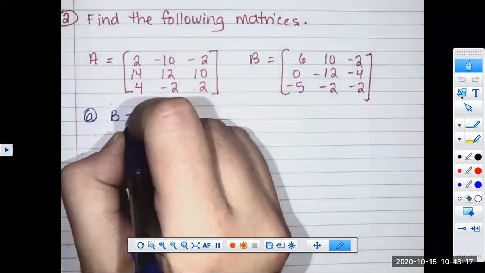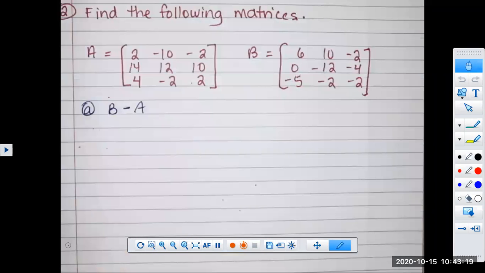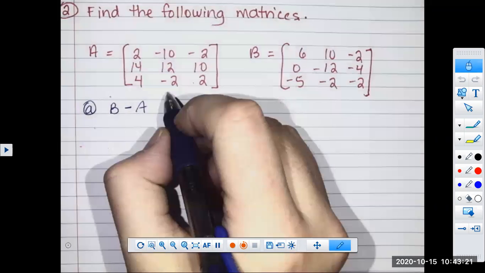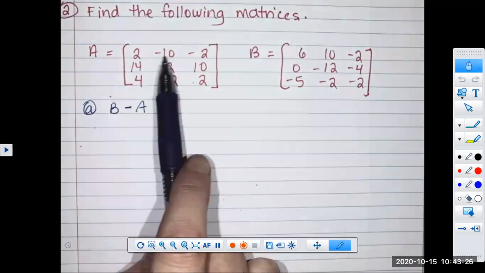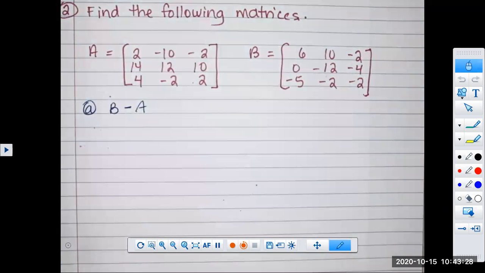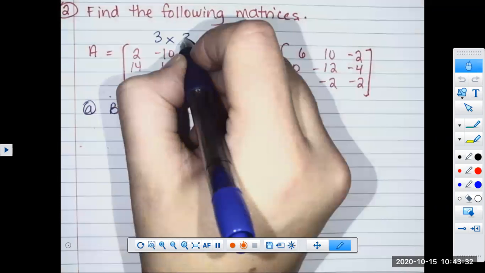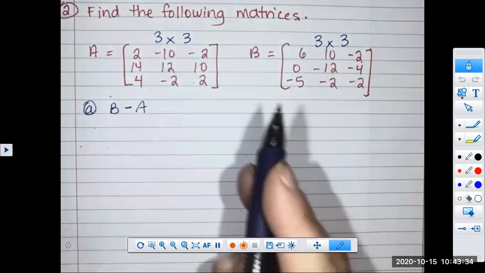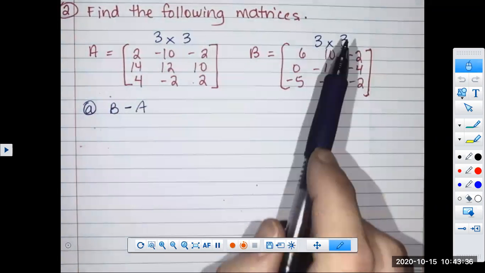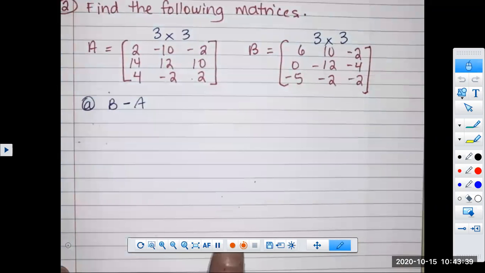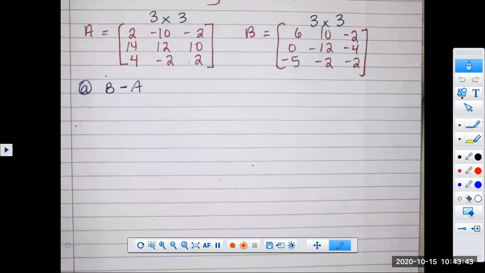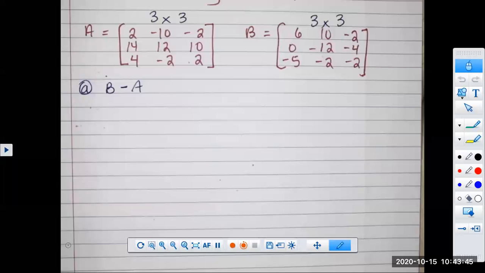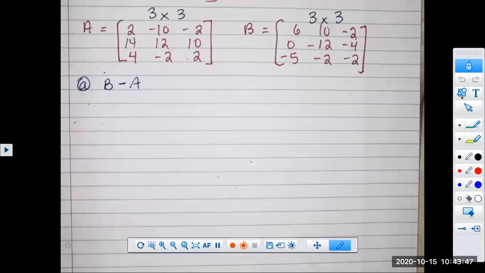They have to have the same interior numbers and the same what? Good. So what's the order or dimension for A and B? 3 by 3, and this is also a 3 by 3. So this is the same order as that, so we can add and subtract them. In the first part, we're going to find out what B minus A is, and then we've got another part, and then we'll move on to multiply.